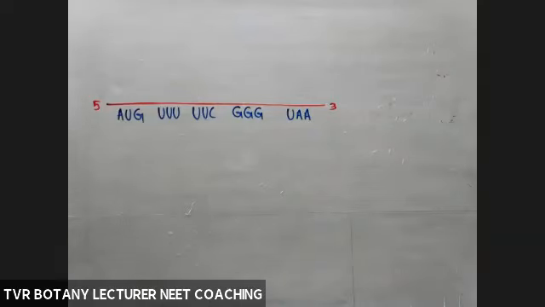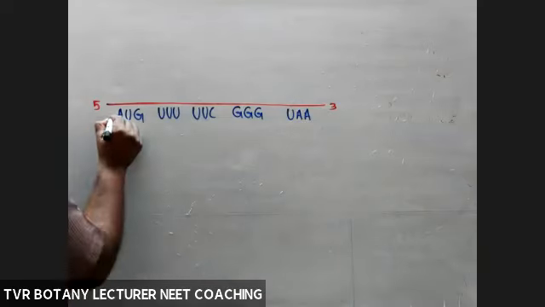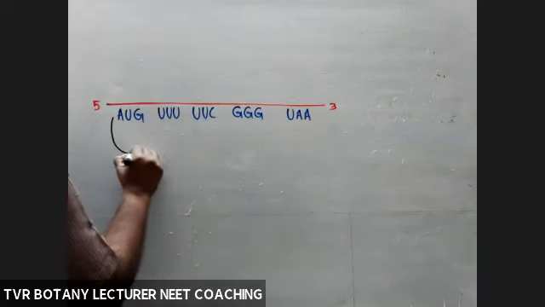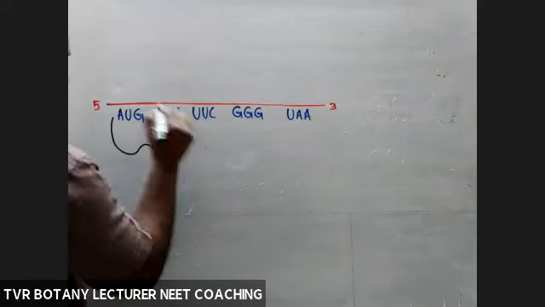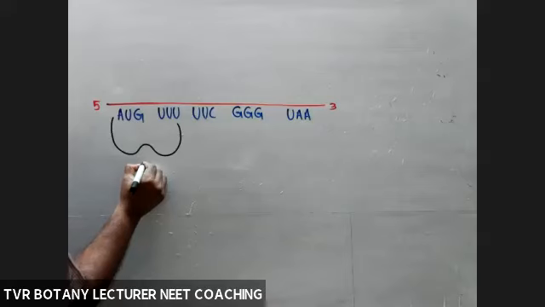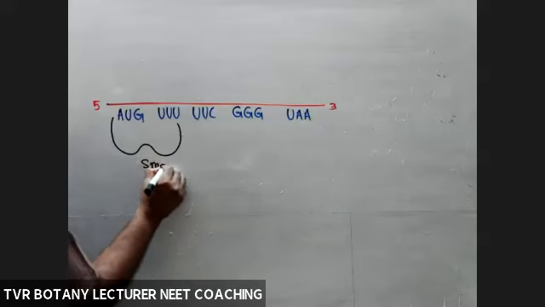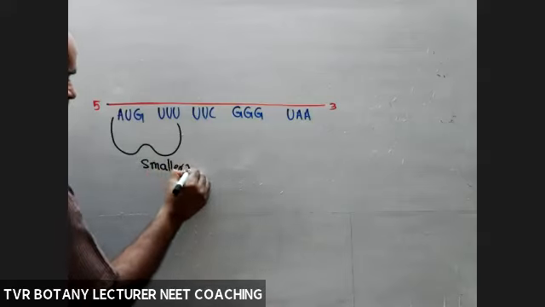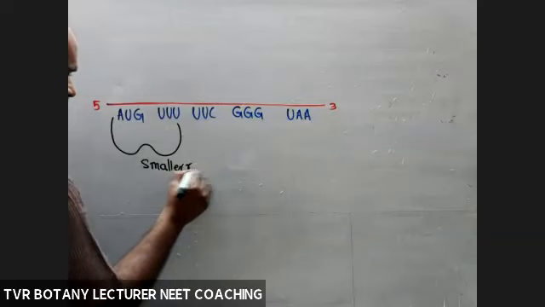Okay, so now what about the mechanism? Initially, out of the two subunits of ribosomes, in the case of 70S and 80S, first of all the smaller ribosomal subunit is attached to mRNA.